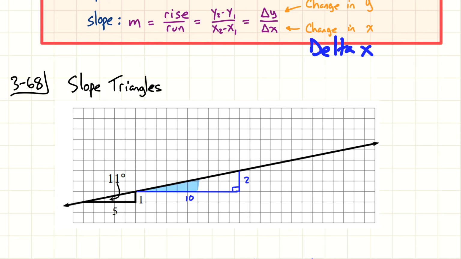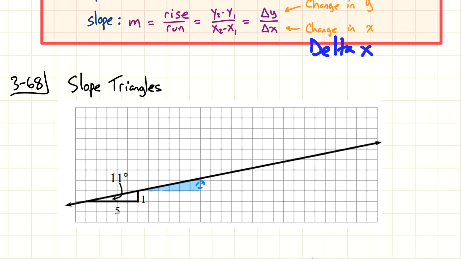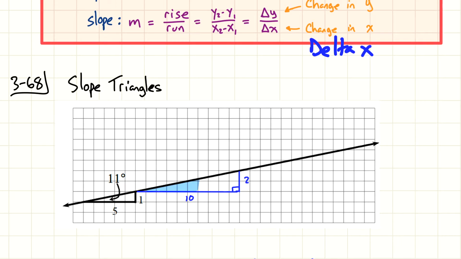If I take this portion and I slide it down, you should notice that it fits perfectly inside. All right, so that angle is actually the same angle measurement. So let me write that in. So this is also 11 degrees.